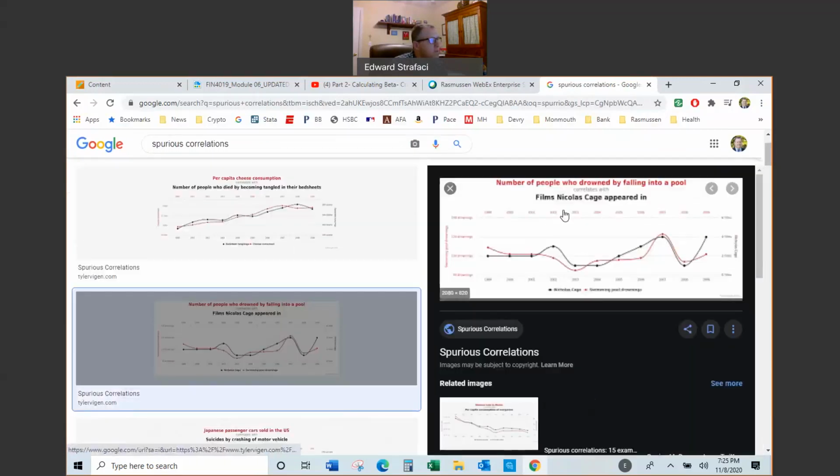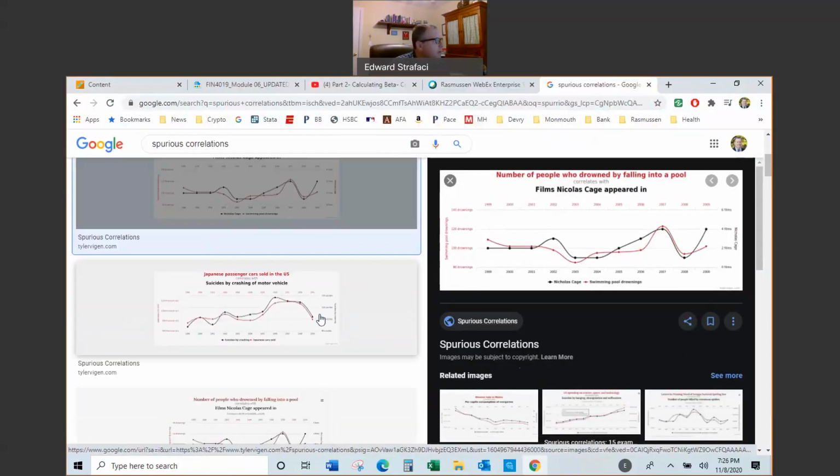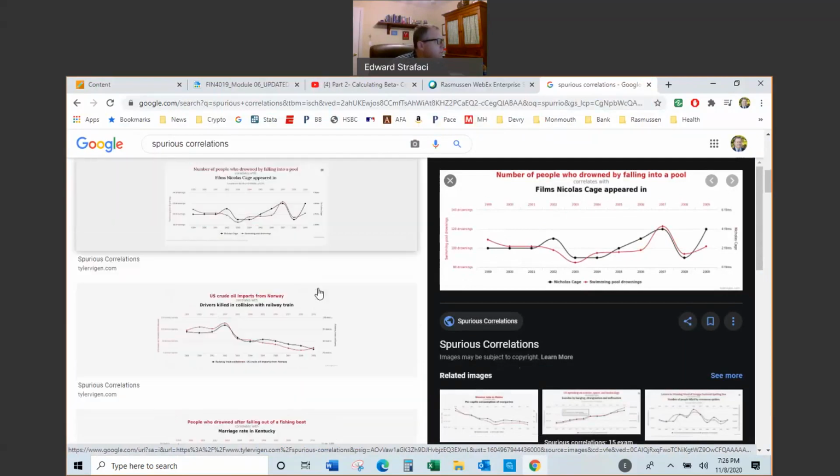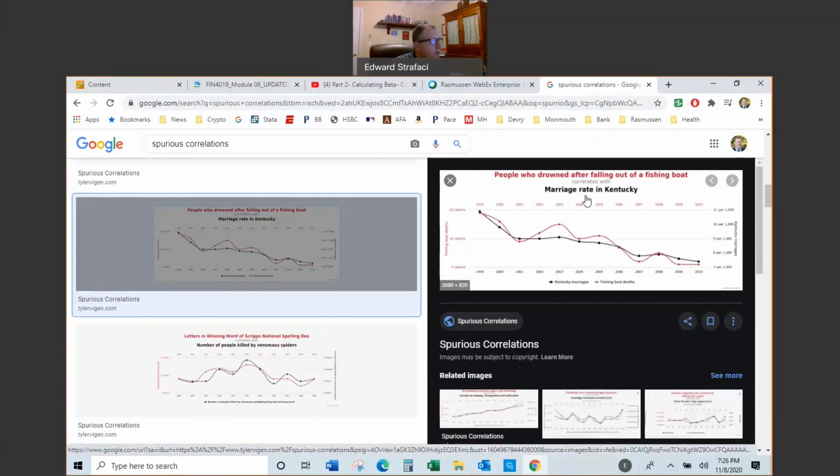Okay, here's one. Look at this one. Films Nicolas Cage appeared in, and swimming pool drownings. Horrible stuff, but there's a correlation. Now we know the films Nicolas Cage appeared in have nothing to do with that, but it's just a spurious correlation. The marriage rate in Kentucky and fishing boat deaths.